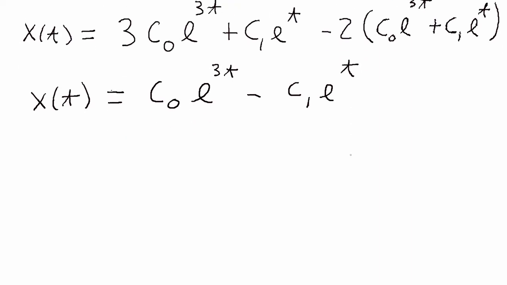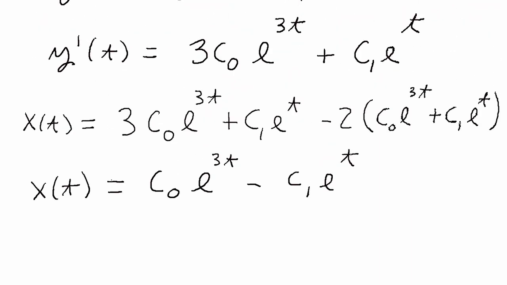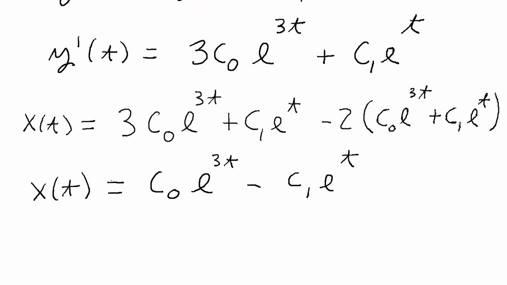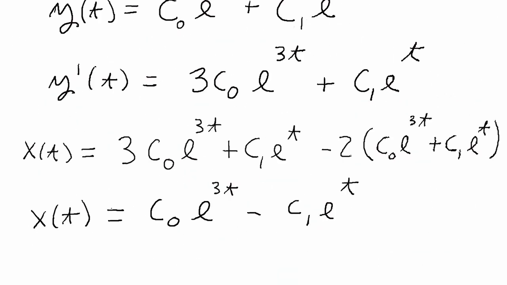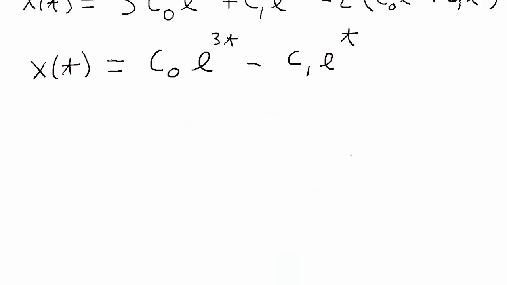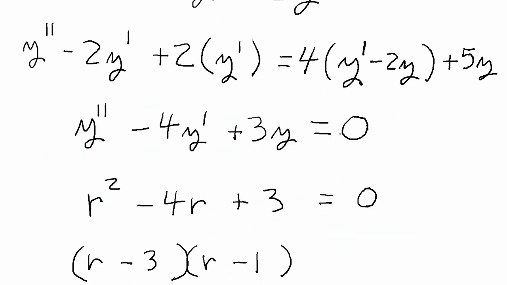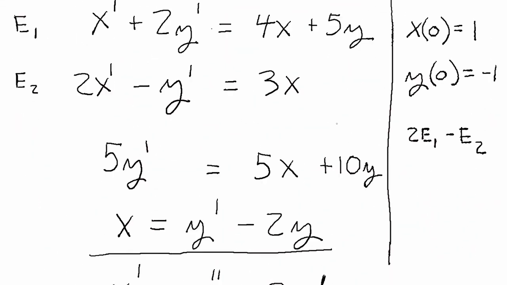Now plugging in our conditions, we put t equals 0. For x we get 1. So x at time 0 turns out to be c0 minus c1, and we want that to be equal to 1, as our initial condition.